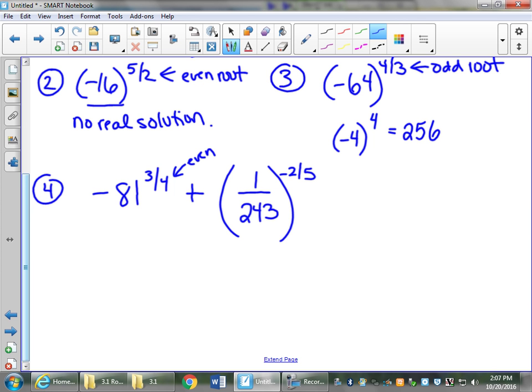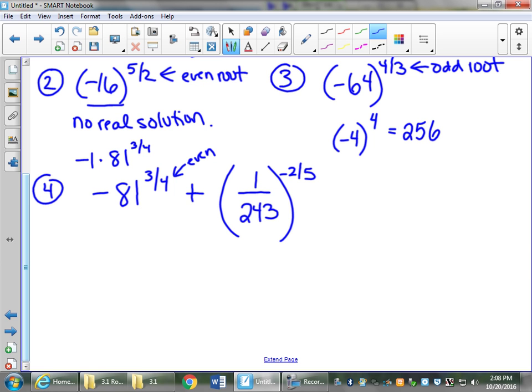But there is one big difference between number 2 and number 4, and that's the use of parentheses. So right now, when you're taking the 4th root, you're only taking the 4th root of 81, not negative 81, because it's not held together with parentheses. You could think of this like negative 1 times 81 to the 3/4 and pull out that negative separately. So parentheses usage is very important in distinguishing when you can and can't do something. So for this example, I can take the 4th root of 81.